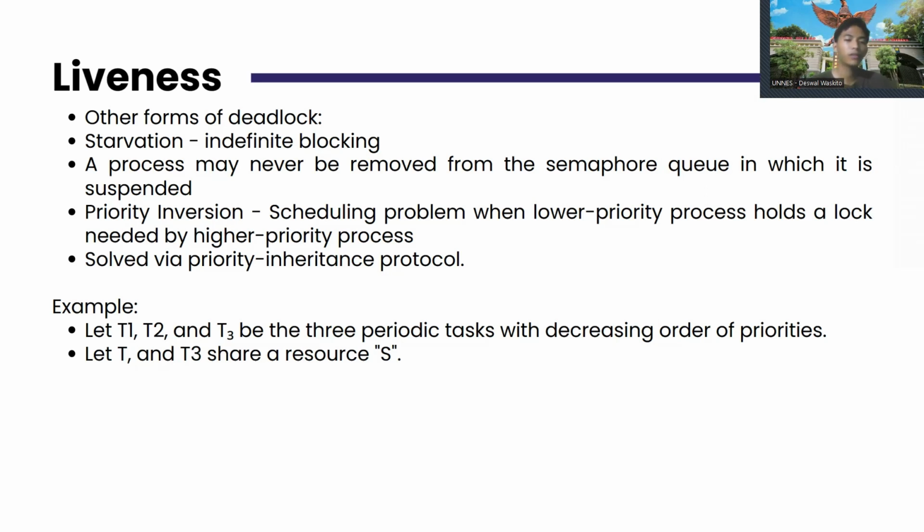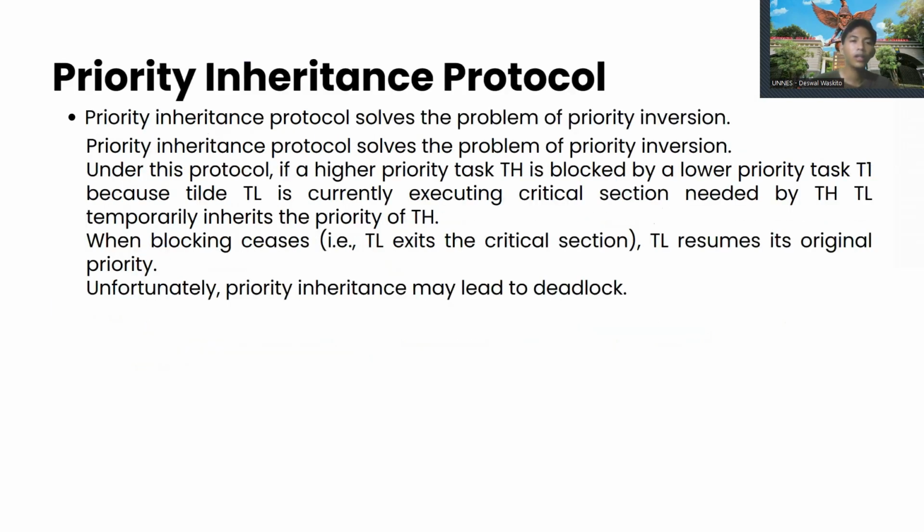Let T1 and T3 share resources as shown. The priority-inheritance protocol solves the problem of priority inversion. Under this protocol, if a higher-priority task TH is blocked by a lower-priority task TL because TL is currently executing a critical section needed by TH, TL temporarily inherits the priority of TH.